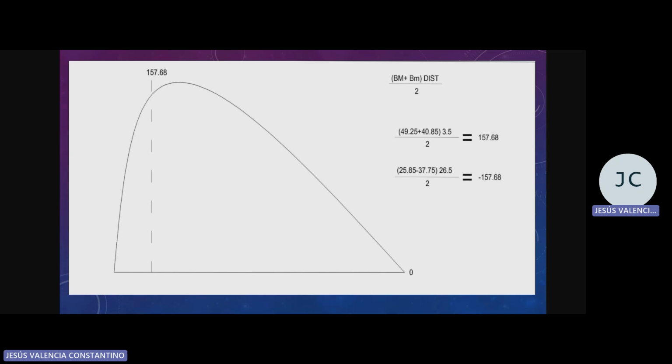Here it's as follows: 49.25 plus 40.85 equals 90.1, and this is multiplied by 3.5, which represents the limit of another load, that gives a value of 315.35, which is then divided by 2, resulting in 157.68.